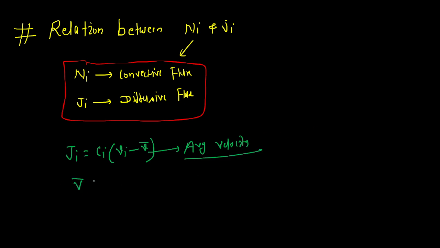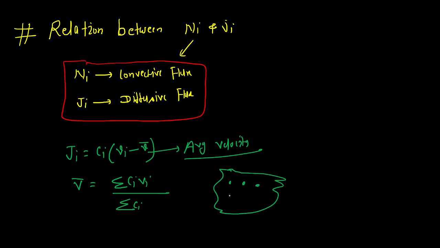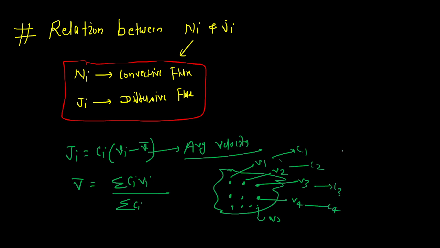I already discussed how to calculate V bar: summation of Ci Vi divided by summation of Ci. If this is a system with many molecules, each moving with a particular velocity V1, V2, V3, V4, V5, and having concentrations C1, C2, C3, C4, we can calculate Ci Vi upon summation of Ci. So that was the term.